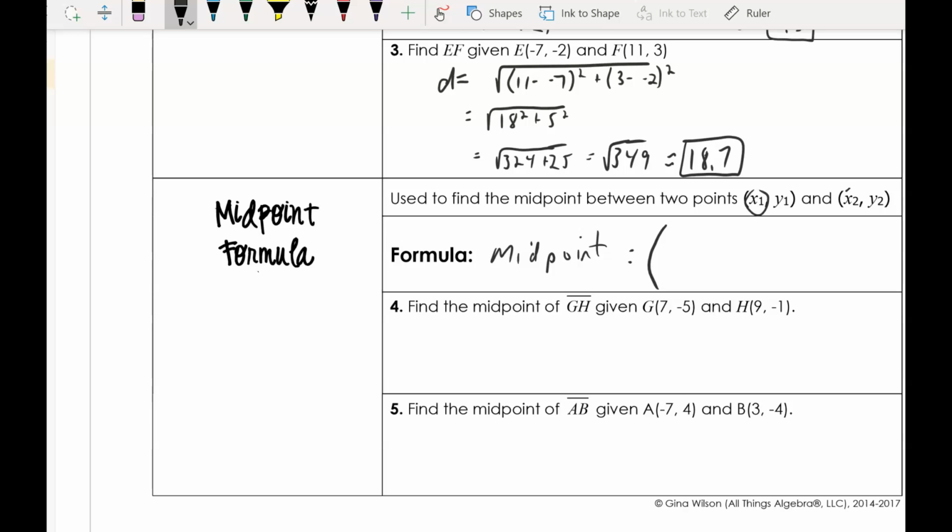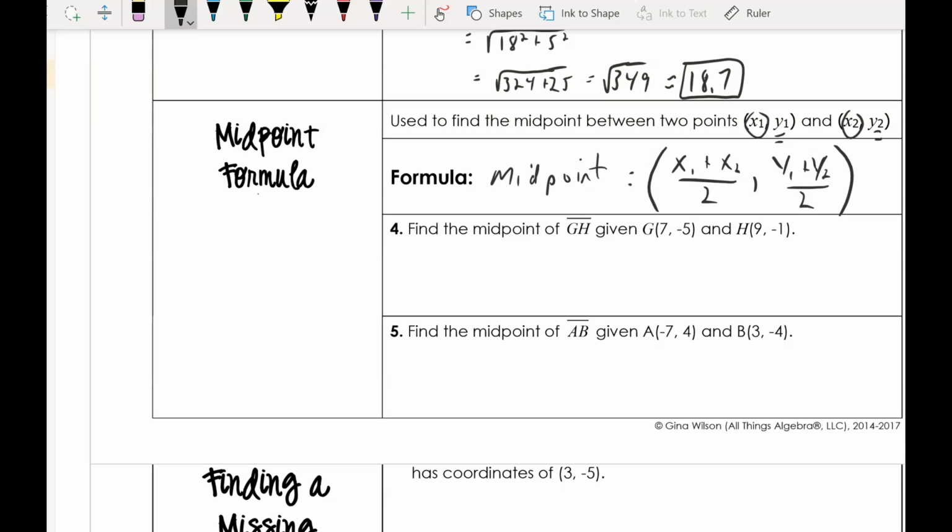If these are the two x coordinates, their average is x1 plus x2 over 2. And the average of the y coordinates would be y1 plus y2 over 2. That's like two formulas, but they're identical to each other. They just use a different variable.